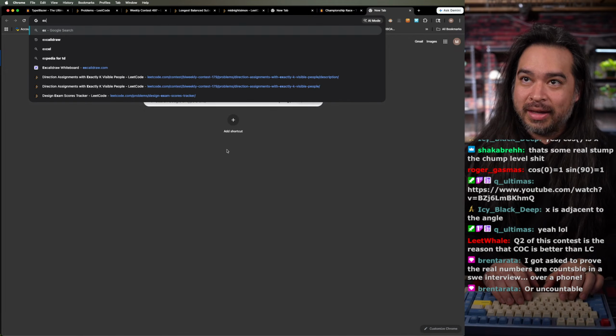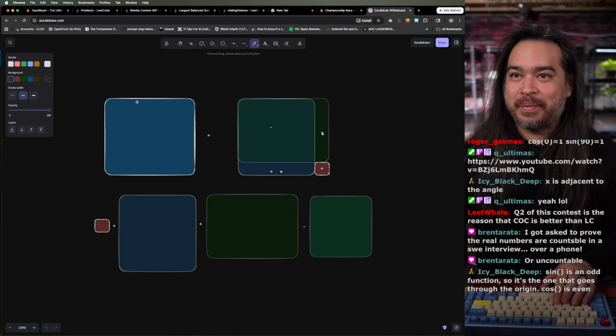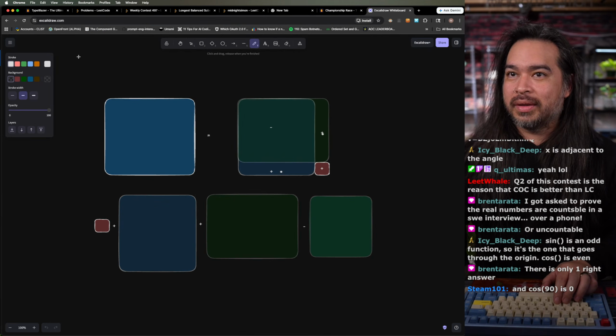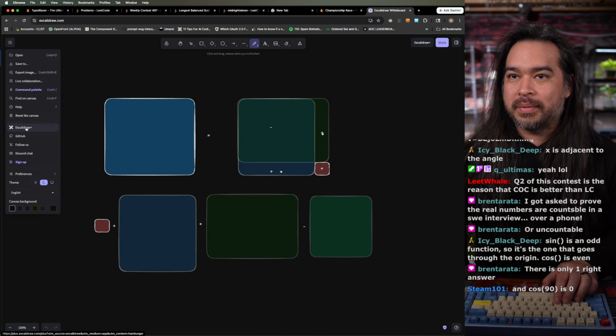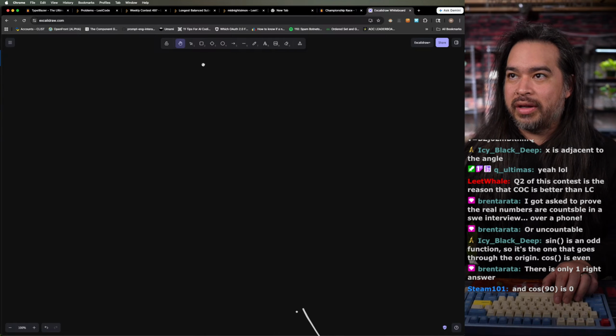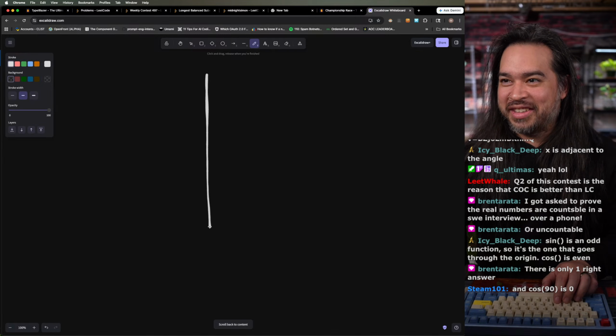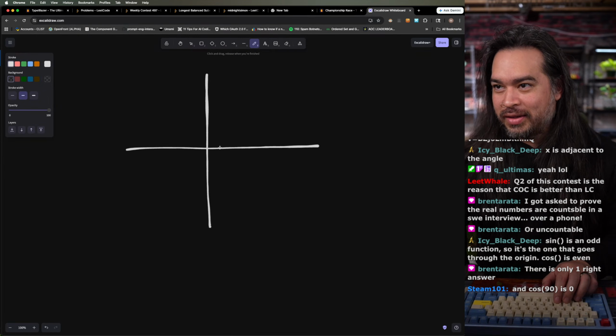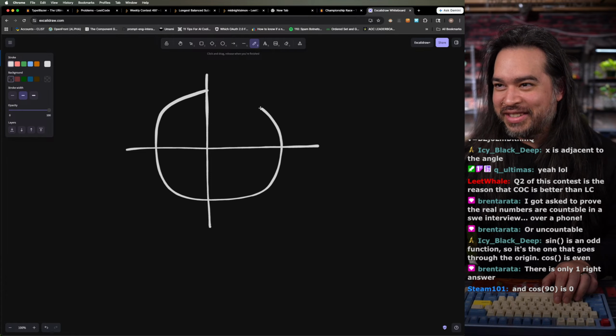Excalidraw. Wait, how do I make a new draw? I don't even know how to use X. All right, here we go. So you have this circle, and then these are the degrees.